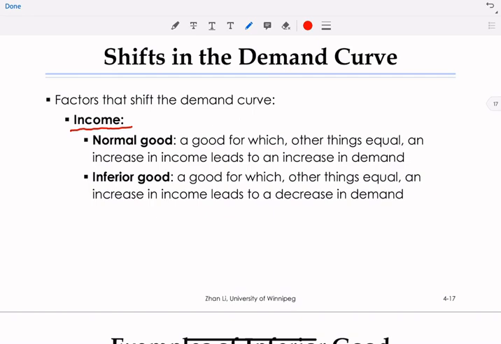So you can see here, normal good is a good for which other things equal, an increase in income leads to an increase in demand. Then inferior good is surely the other case. That is, if a good for which other things equal, an increase in income leads to a decrease in demand, then this good is an inferior good.